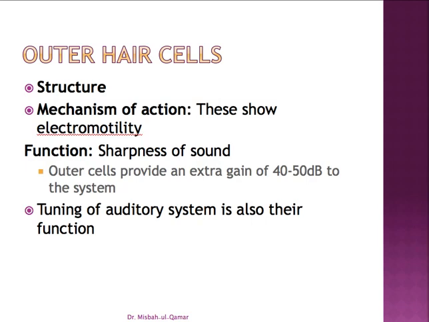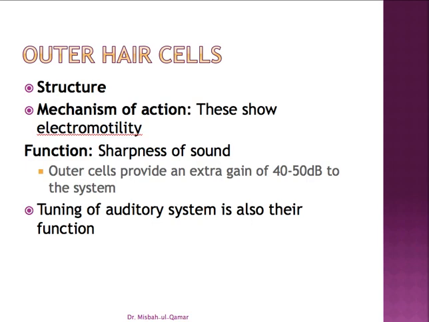So what happens in the electromotility of the outer hair cells? They shorten during depolarization while they are elongated during hyperpolarization, right? Now this electromotility is due to the presence of a contractile protein which is called prestin.